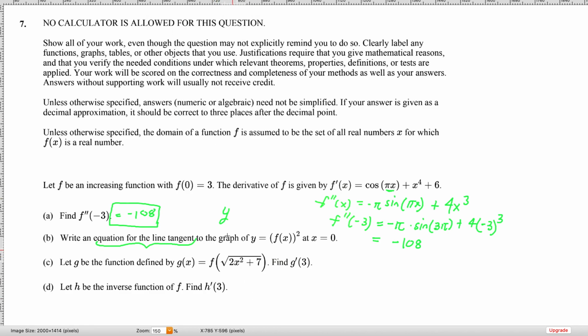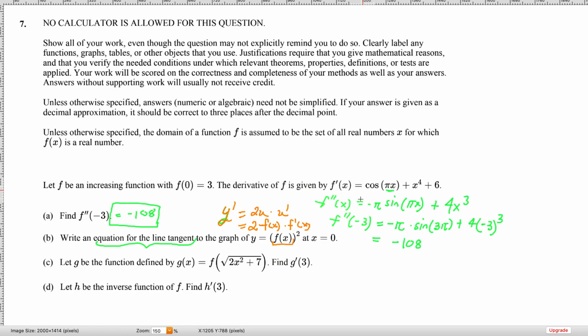Y prime is going to be given by, here you want to think of this inside function as u. The derivative of u squared is 2u times u prime, right? But in this case, it's f of x. So it's 2 times f of x times f prime of x.